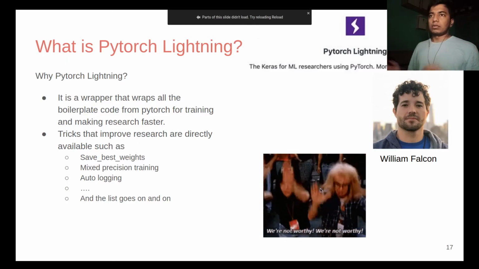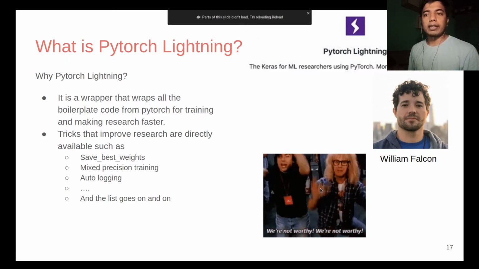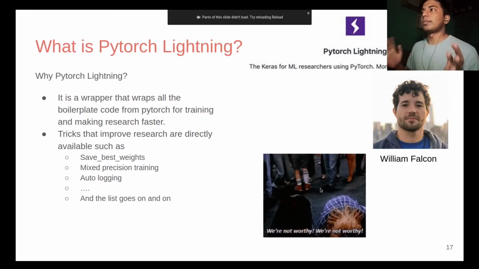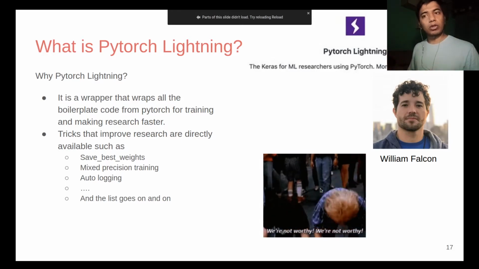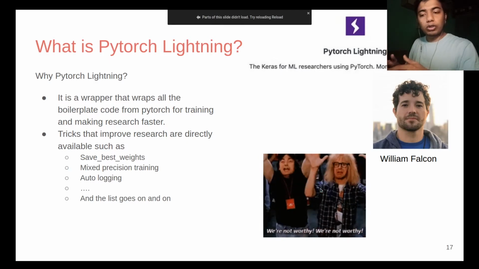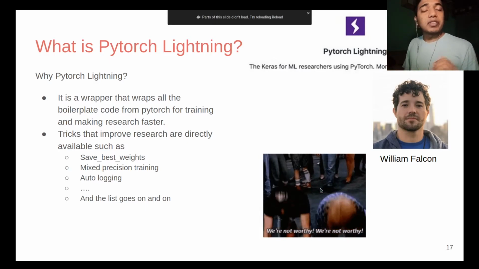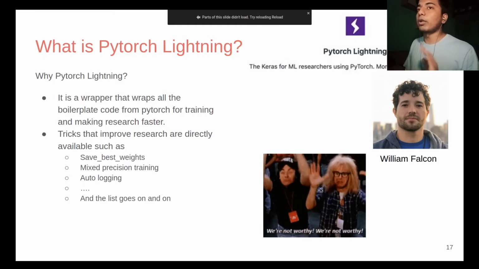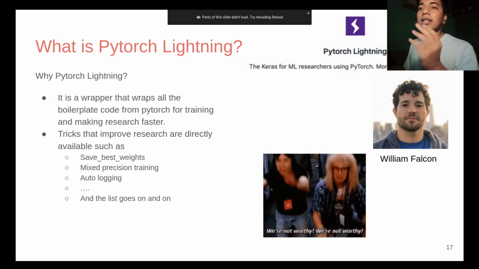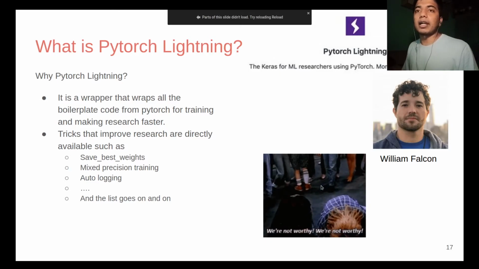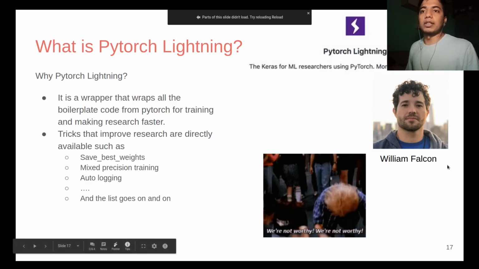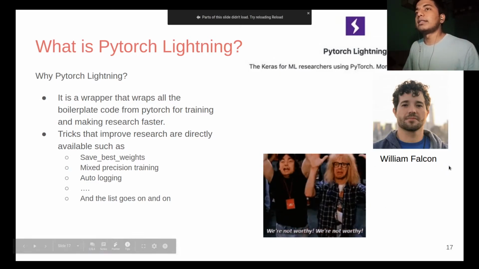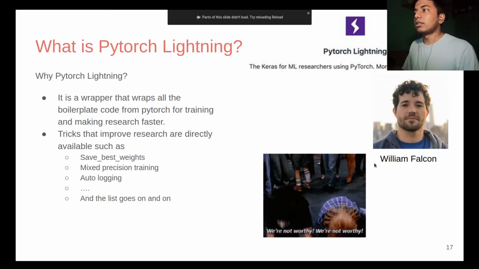Now we talk about PyTorch-Lightning, which is a wrapper written on top of PyTorch, in which you don't even have to write a lot of code. It's just made to keep your life simple. Again, this was brought to us by the great man himself, William Falcon, and it's just amazing.